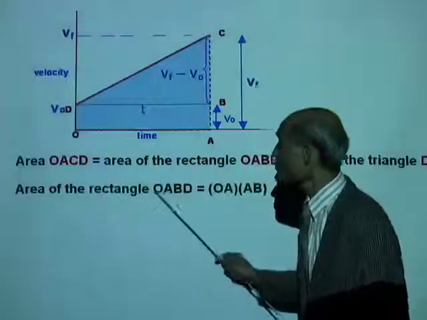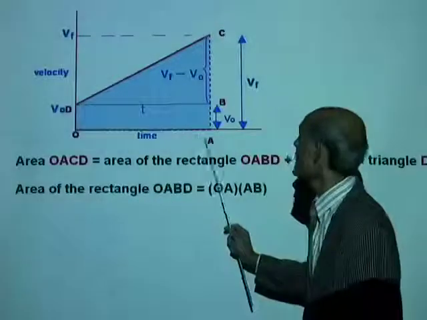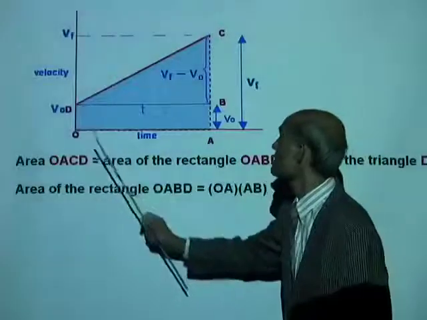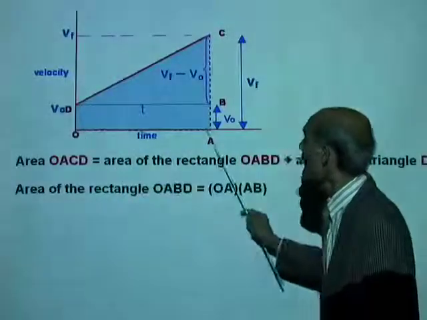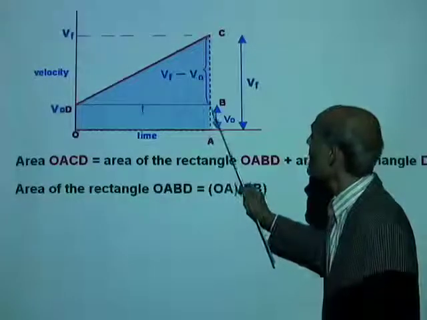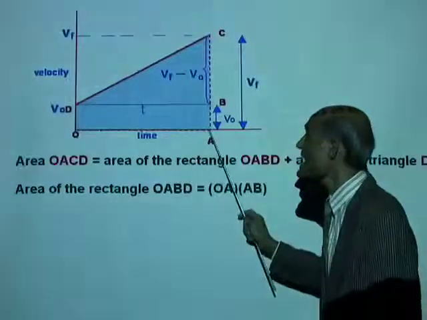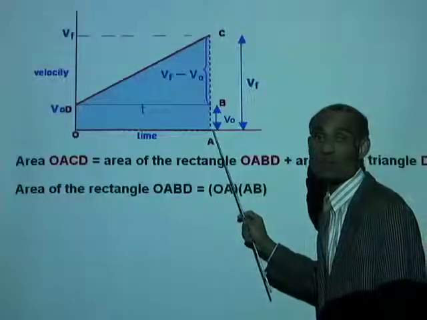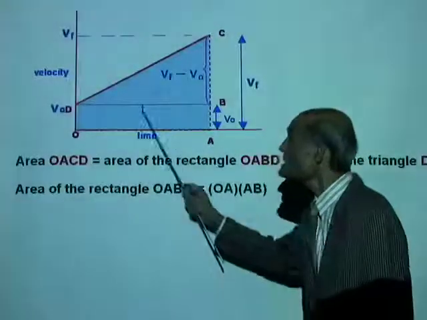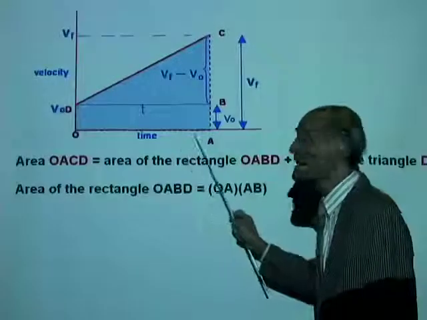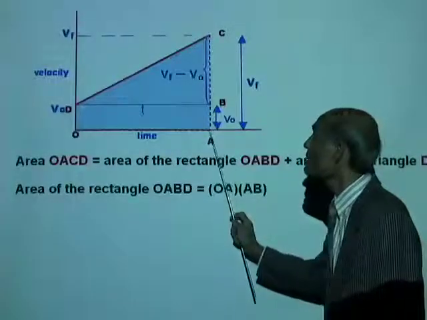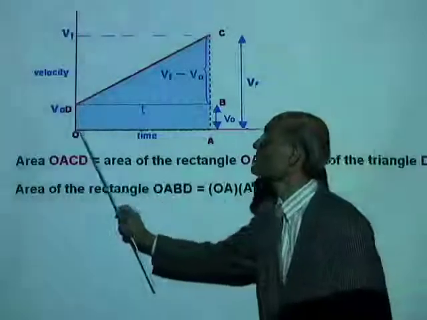Alright, area of the rectangle OABD is OA multiplied by AB. Tell me, what does OA represent in this diagram? It is the time t. You see that? OA is the time t. And what does AB represent?